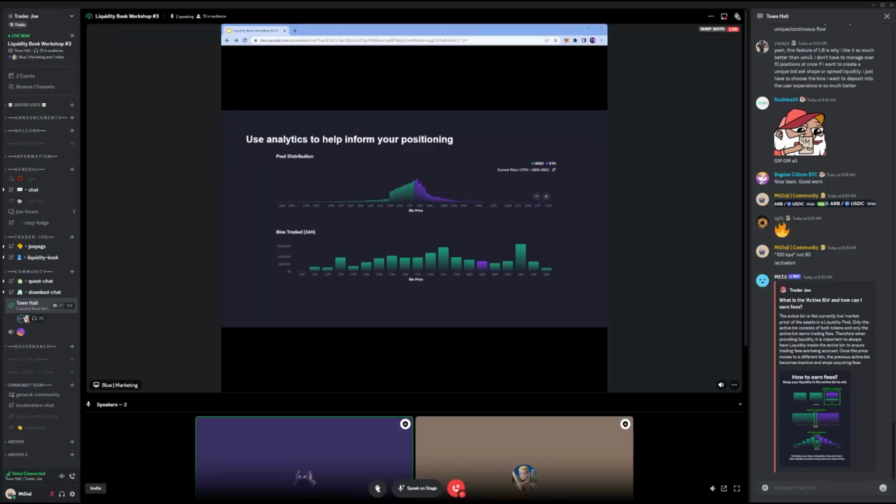How wide you go with your liquidity, how much liquidity you decide to place into certain bins. I actually quite like looking at the stable markets, because you'll notice in most stable markets the majority of the liquidity is stacked into typically the $1 bin.